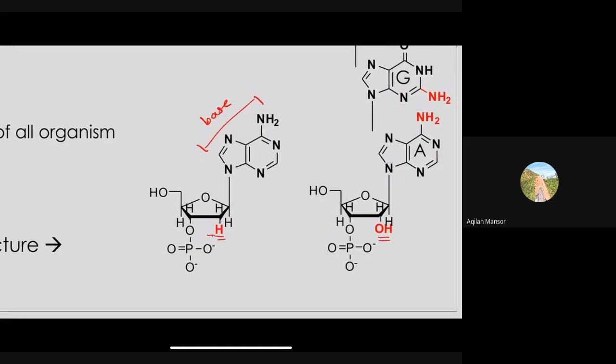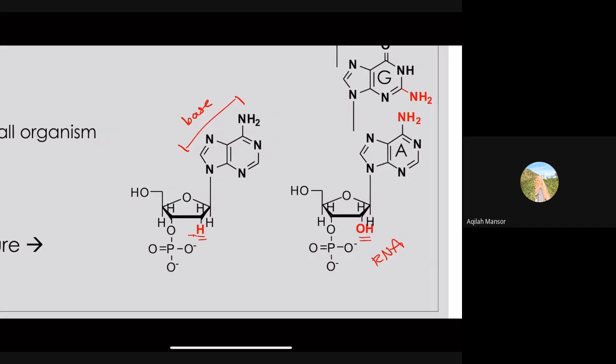Everything else is almost identical. So you know that this one is an RNA molecule, while over here, because it doesn't have any oxygen, it's the deoxyribonucleic acid, DNA. Okay, so that is the key determining difference between RNA and DNA.